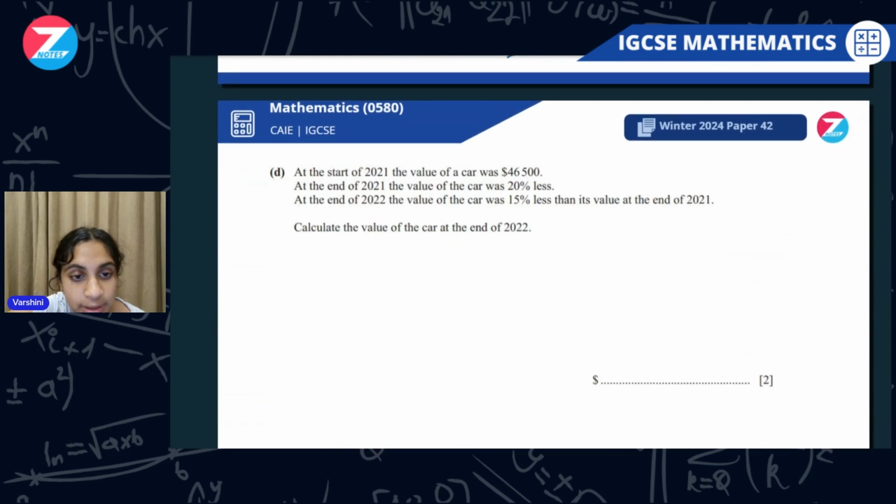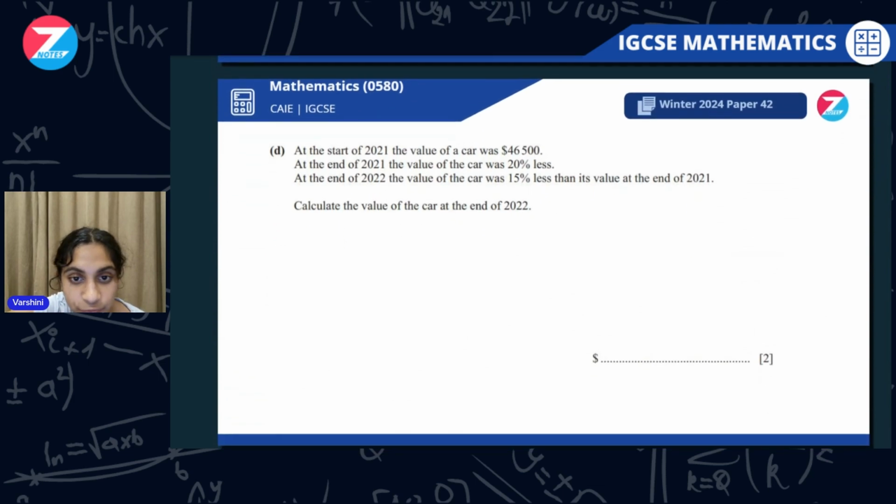To the next question. At the start of 2021, the value of a car was 46500, and at the end of 2021, the value of the car was 20% less than this. At the end of 2022, the value of the car was 15% less than this value, and we want to calculate the value of the car at the end of 2022. So we know the formula for percentage depreciation is the total amount.